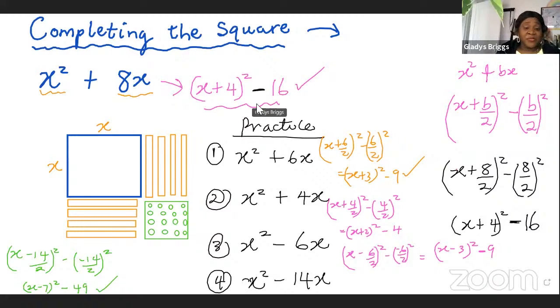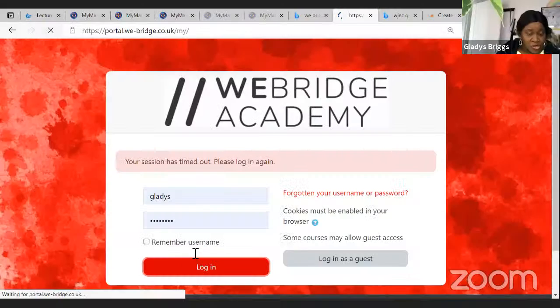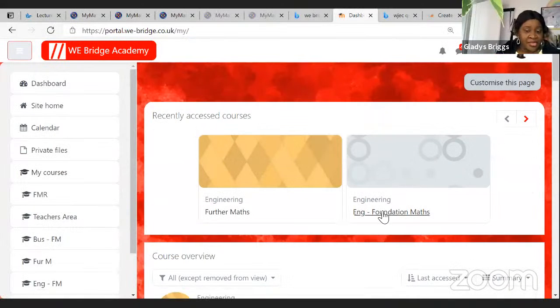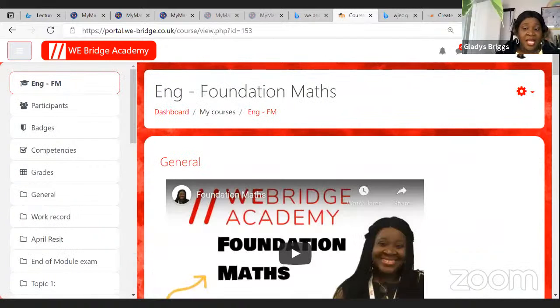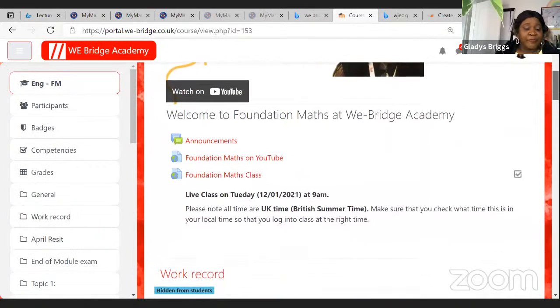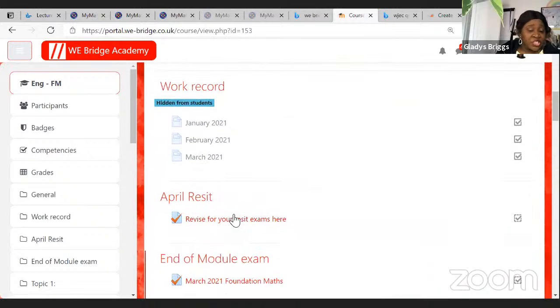Okay, so the other thing is, those of you who are doing the foundation maths exams on Friday, let me share with you your Moodle page that you need to go to. You need to come to Moodle and go back to your foundation maths for engineering. That's where your exam is going to be, but I have put in there a revision.